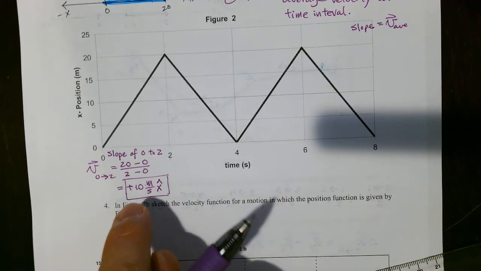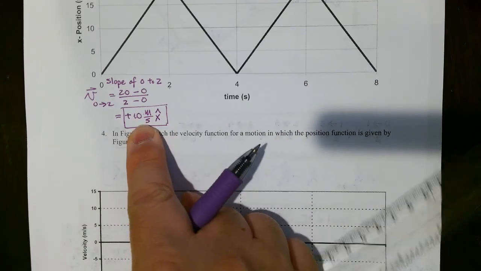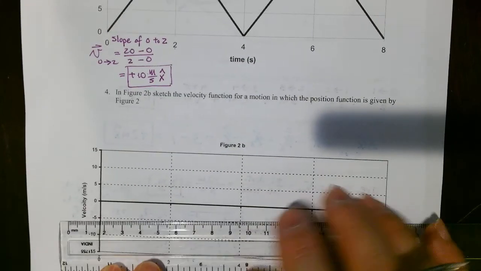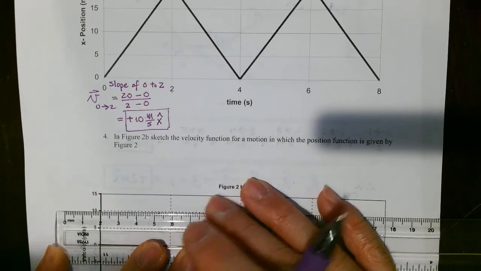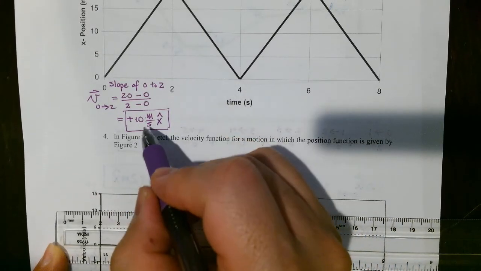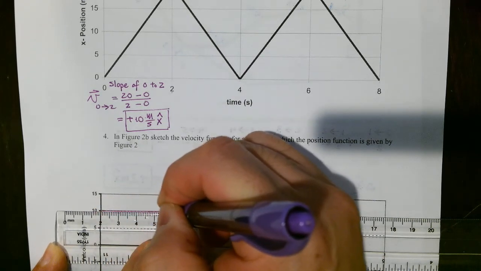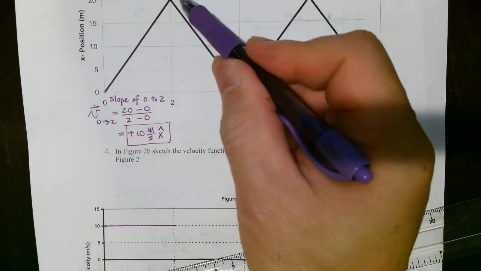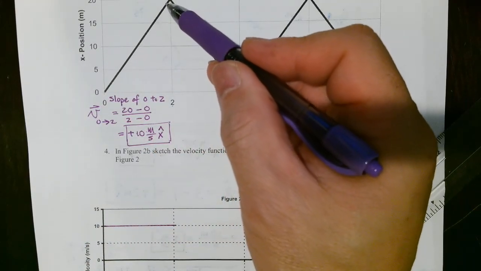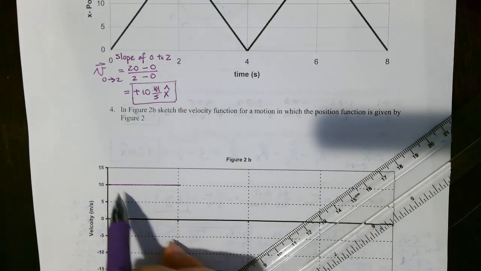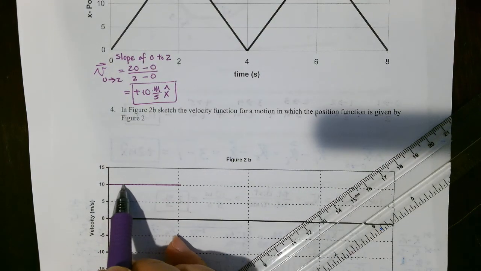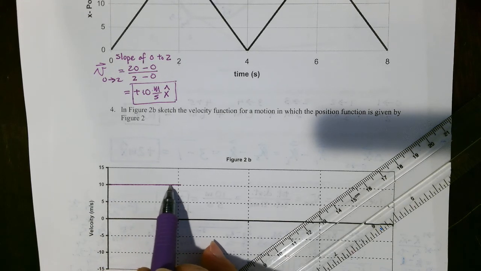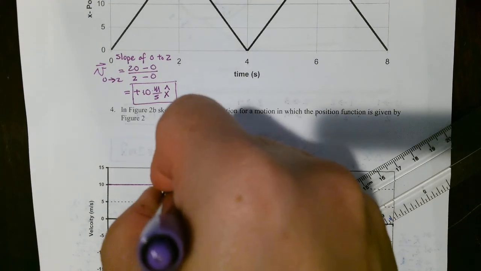So to represent that on my velocity versus time graph, I just need to draw a constant value of positive 10 from 0 to 2 seconds, because this slope value doesn't change from 0 to 2 seconds. So my slope value is the velocity value. Therefore, my velocity will be constant positive 10 meters per second from 0 to 2 seconds. Okay?